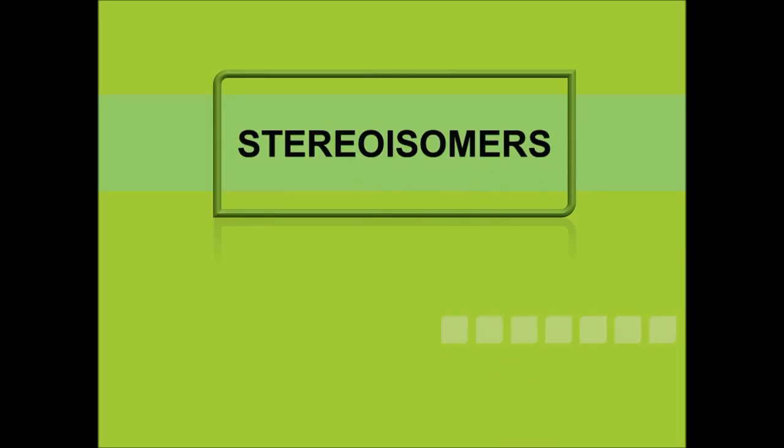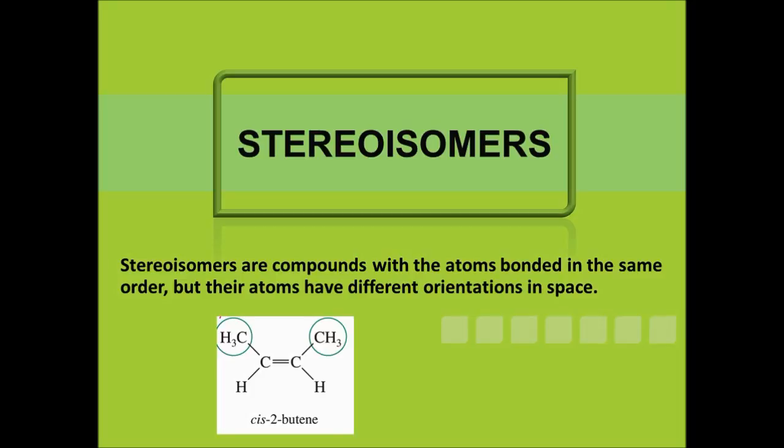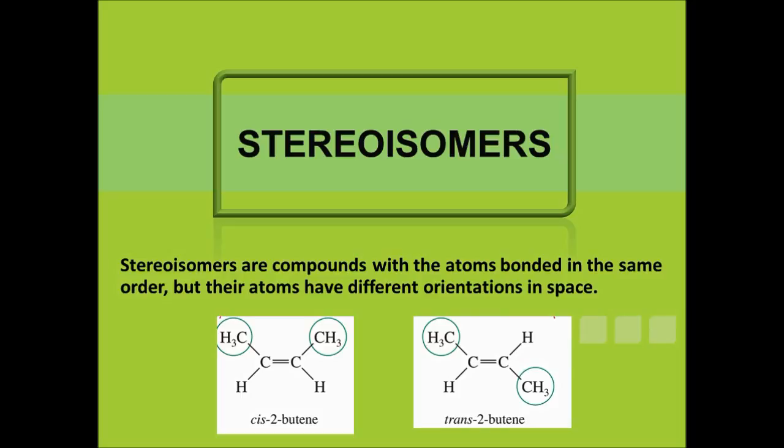Now, stereoisomers are isomers that differ only in how their atoms are oriented in space. This means that their atoms are bonded together in the same order. However, how they are arranged in space is slightly different. For example, here we have cis-butene, which has 4 carbons and 8 hydrogens.